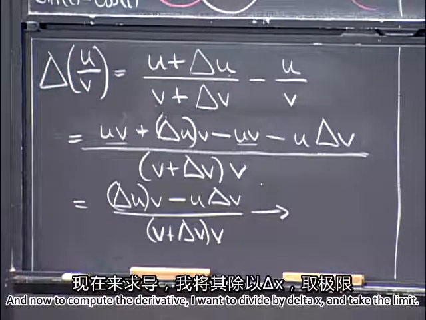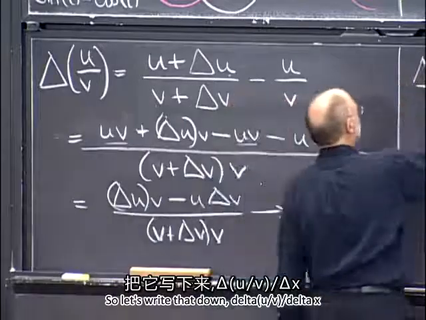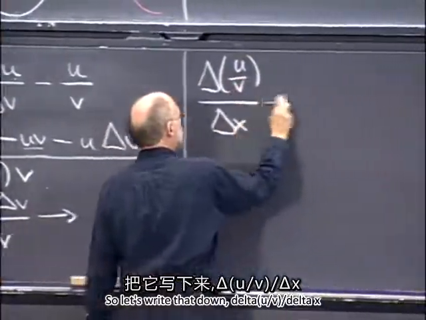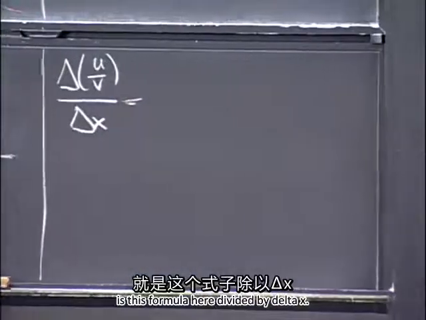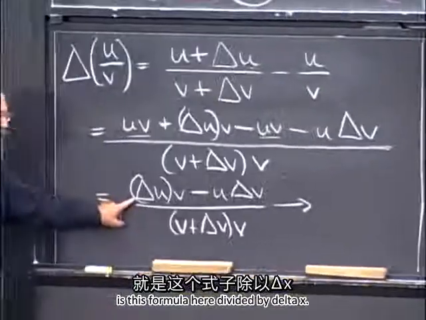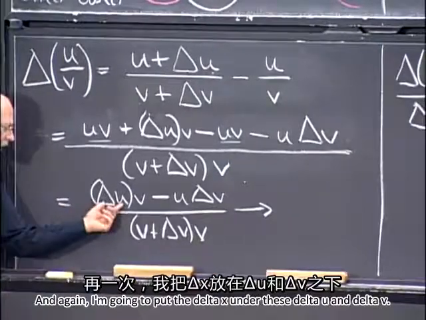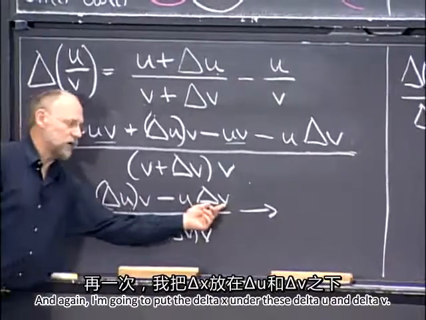And now, to compute the derivative, I want to divide by delta x and take the limit. So let's write that down. Delta of U over V divided by delta x is this formula here divided by delta x. And again, I'm going to put the delta x under these delta U and delta V, okay?